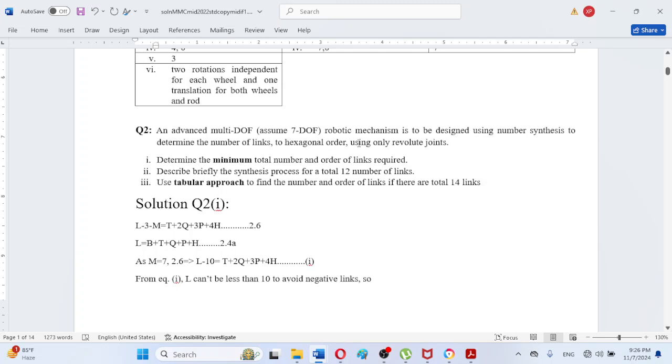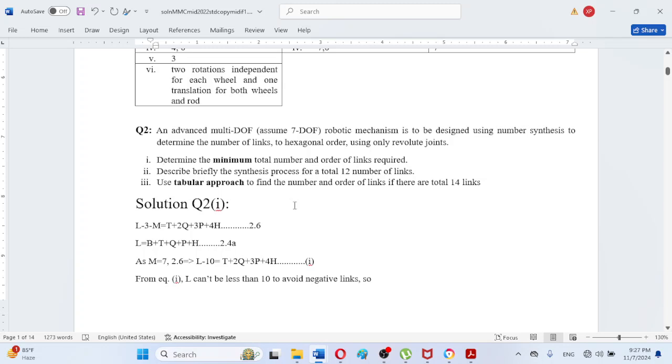All are full joints, only revolute joints, meaning 1-DOF joints. The first clause is to determine the minimum total number and order of links required. The second is to describe briefly the synthesis process for a total of 12 links, and the third is to use the tabular approach to find the number and order of links if there are a total of 14 links.